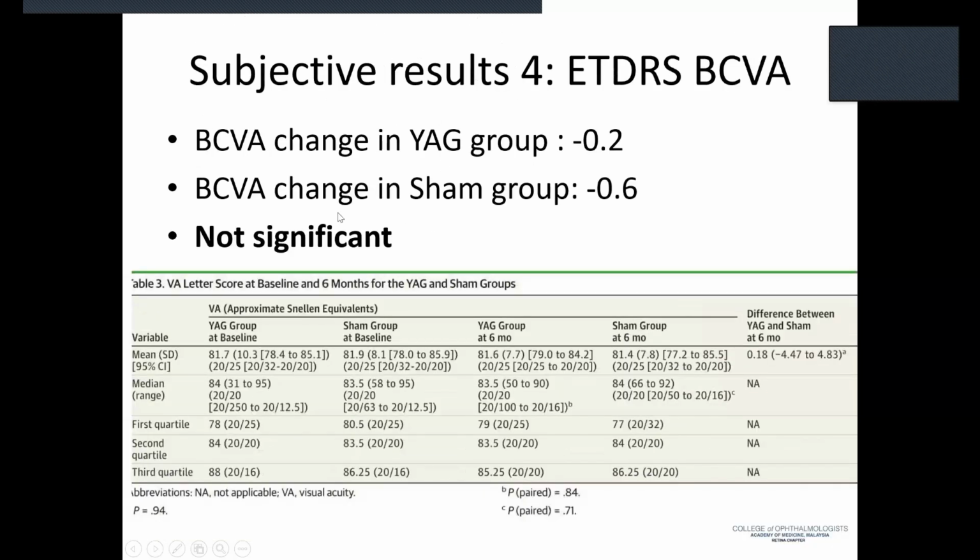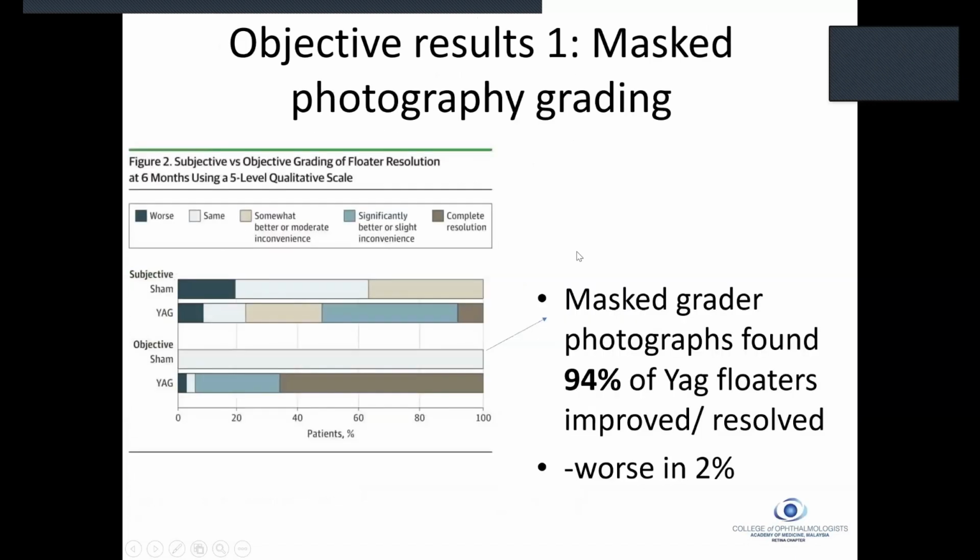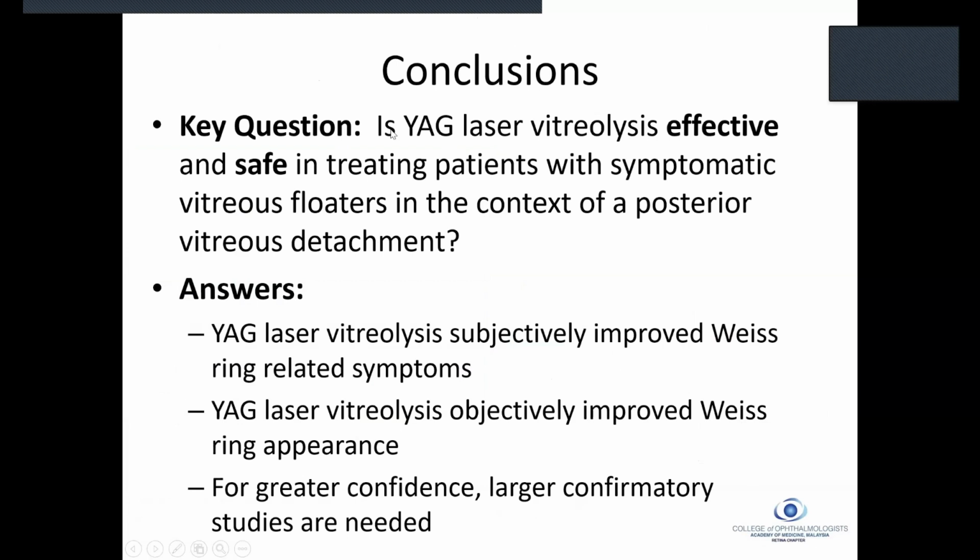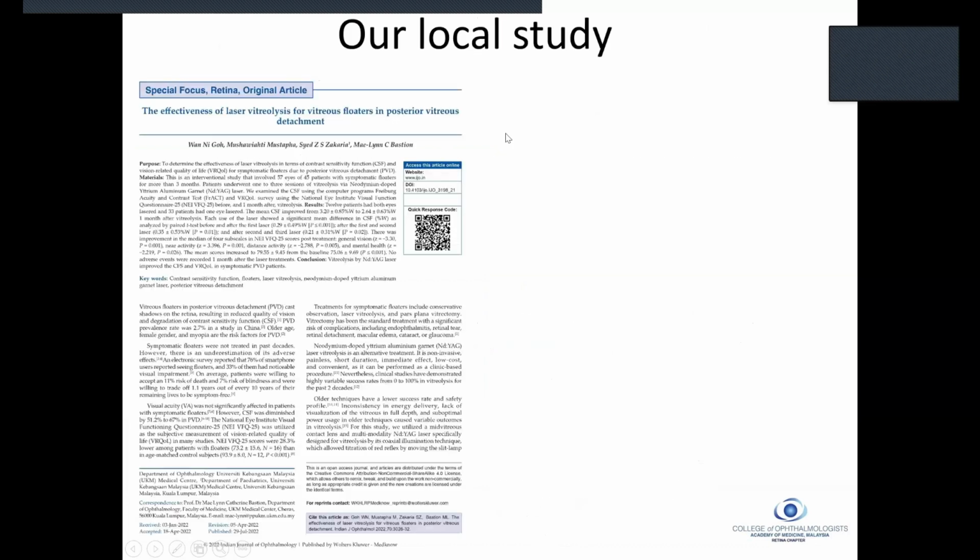However, the visual acuity was not significantly changed. And the photography found there was improvement in 94% when comparing the photographs. So the conclusion from the study is that vitreolysis improved the Weiss ring-related symptoms, the appearance of it, and gave the patient some improvement in their quality of life. But of course, larger confirmatory studies are needed.